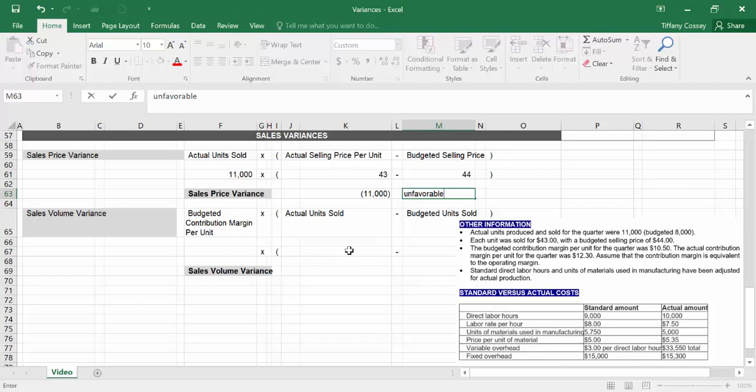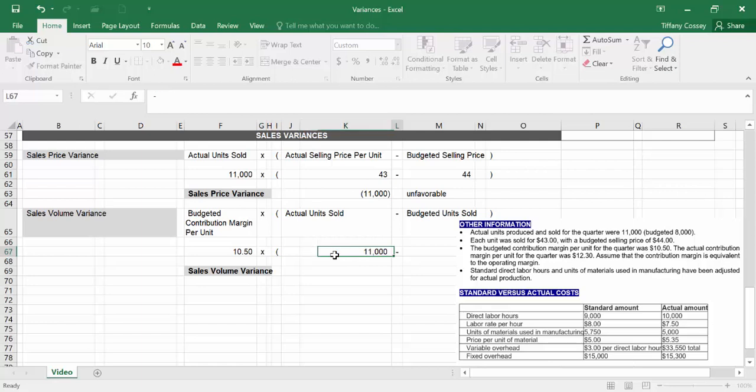Then when we calculate the sales volume variance, here's our formula for this. The budgeted contribution margin per unit, and then we're going to multiply that by the actual units sold minus the budgeted units sold. So let's keep reading here. In bullet point number 3, it says the budgeted contribution margin for the quarter was $10.50. And then for the second part, we need to look at units sold. And if you remember, we covered that in the first bullet point. Actual units produced and sold for the quarter were 11,000.